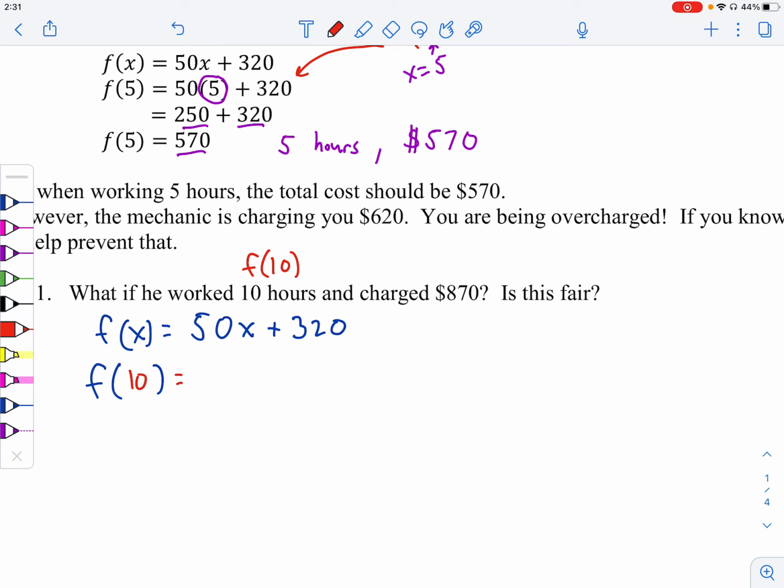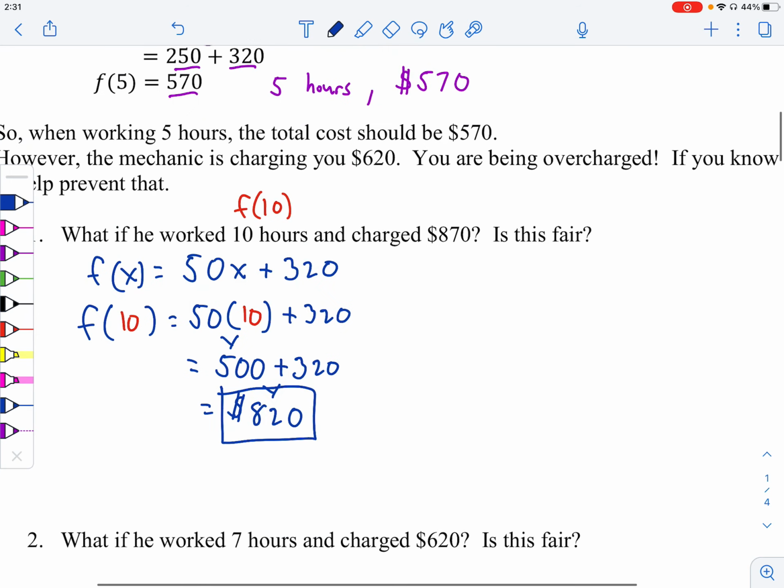We substitute 10 into our function. I like to put parentheses here. All you have to do is substitute 10 for x, and then we do our PEMDAS: 50 times 10 is 500, plus $320, which is $820.